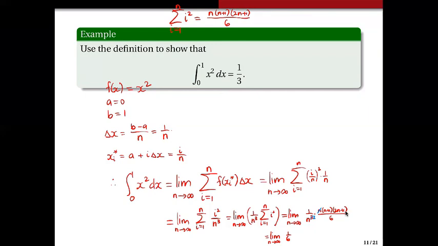So meaning I will have n plus 1 over n times 2n plus 1 over n. Following?